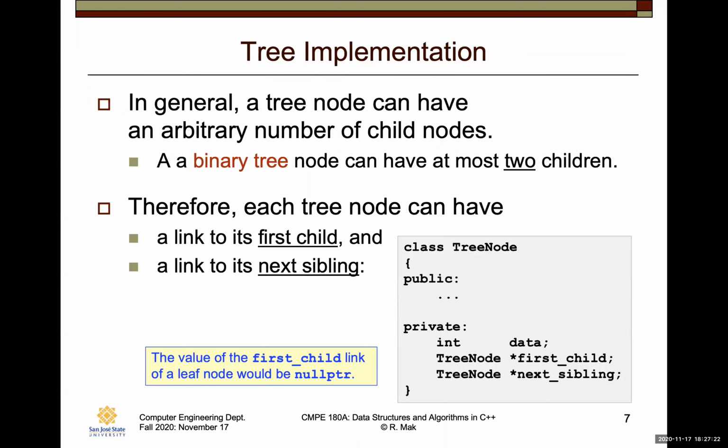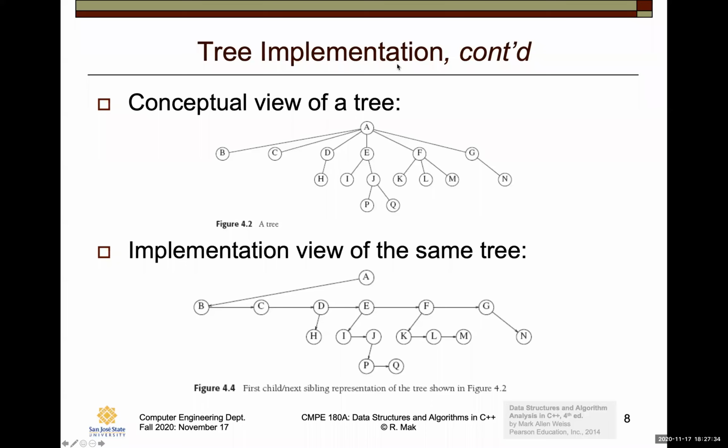I mean, as long as you are able to say that here's a node and here are the children of the node, and you want to maintain an ordering, right? So this is not just a collection of children, but the children are ordered. B is the oldest child, and C, D, and so forth.